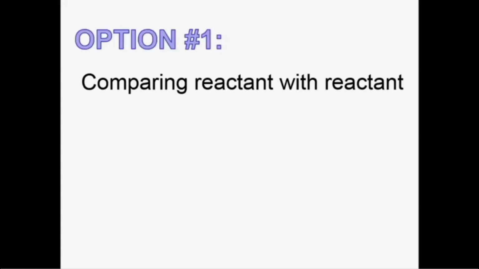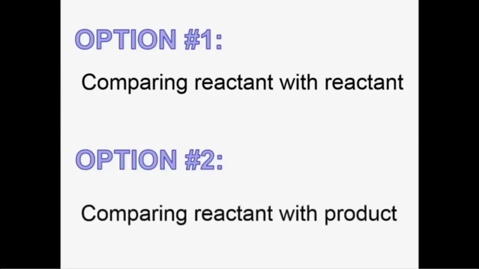Another option that we can use to determine which reactant is going to be the limiting reactant is the second option, where we compare reactant with product. Even though there are 2 options, you can use either one of these options.